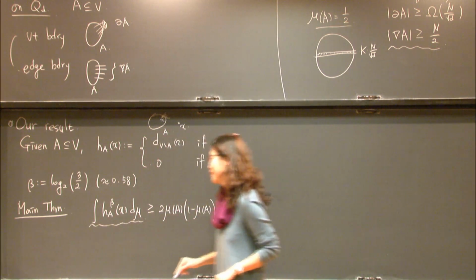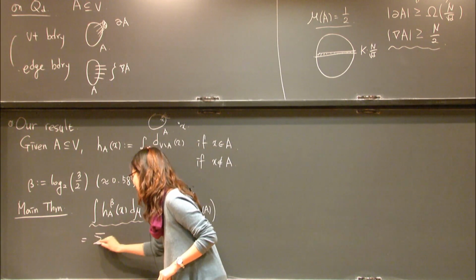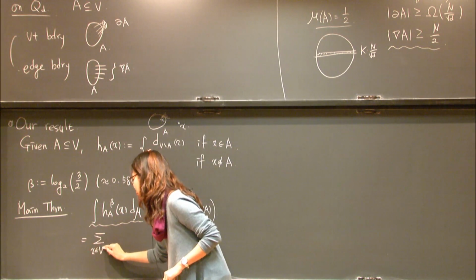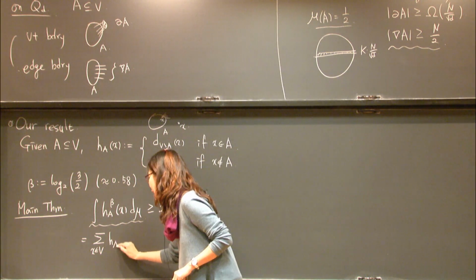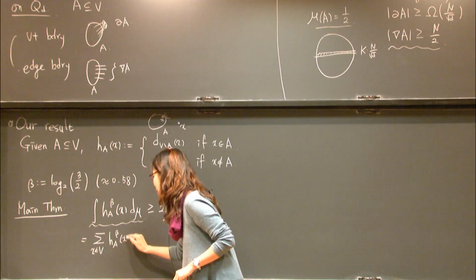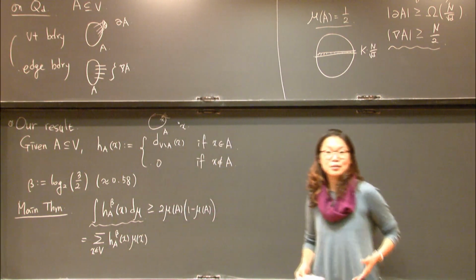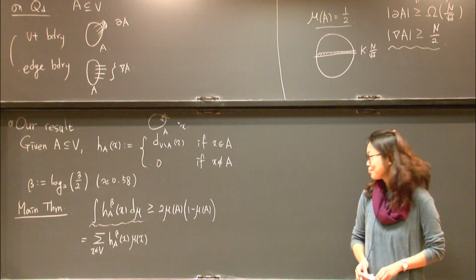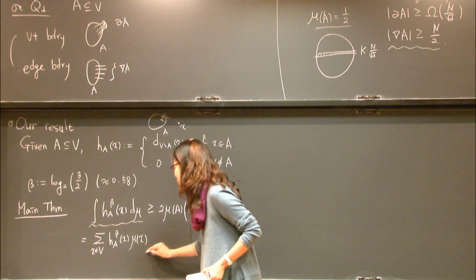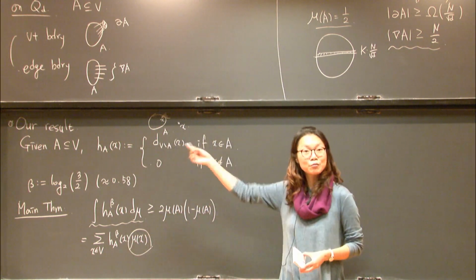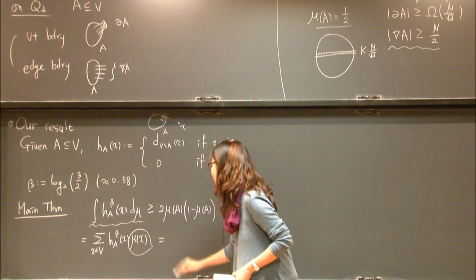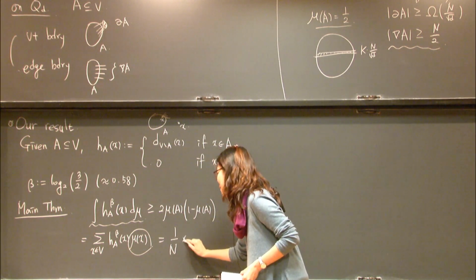This is defined as the summation for all x in V of H_A beta of X times mu of X. This is just a natural definition. And because our mu is just the uniform measure, this is simply 1 over n times the summation.